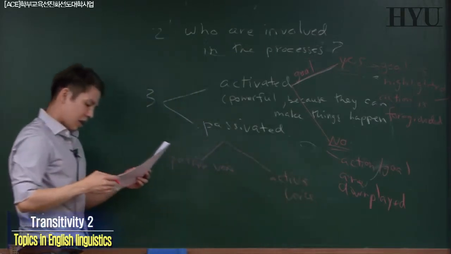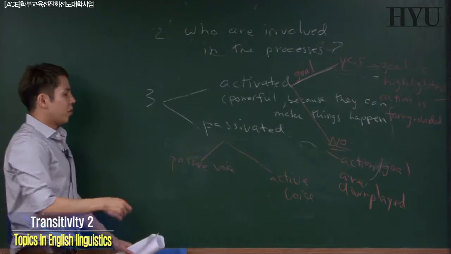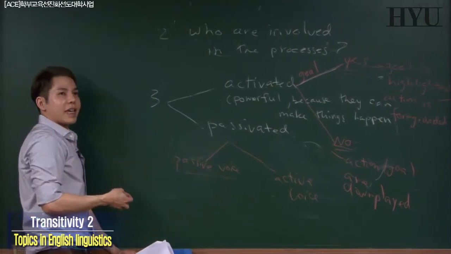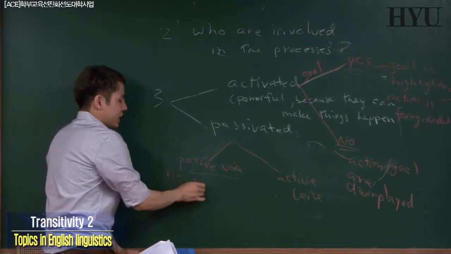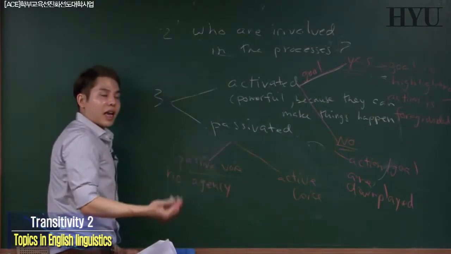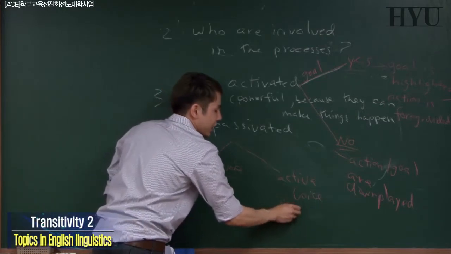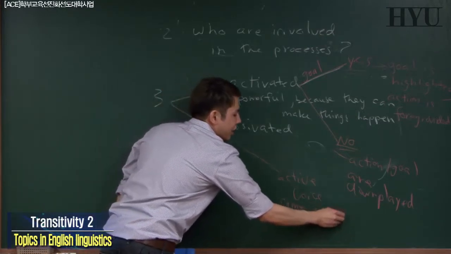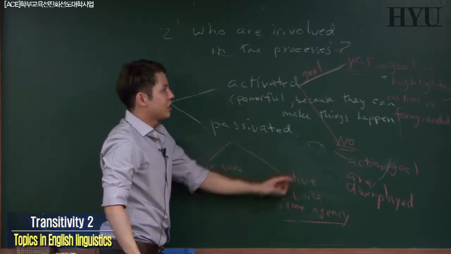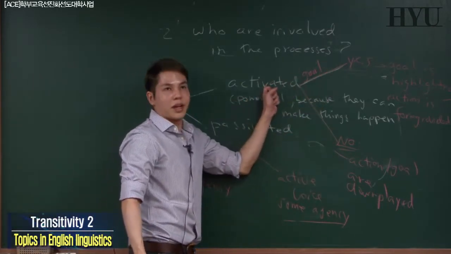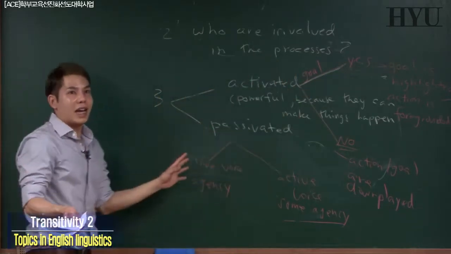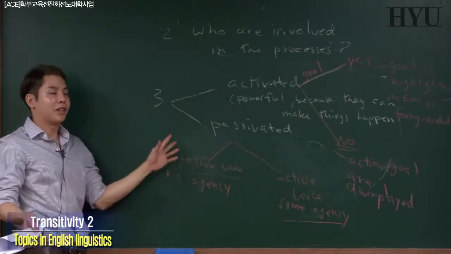If it's in the passive voice, then in this case, there's no agency. If in the active voice, there's some agency. Some doesn't mean that it's highlighted. If you compare this to the activated agent with the goal, then that's the biggest highlight of things, the biggest foregrounding technique.